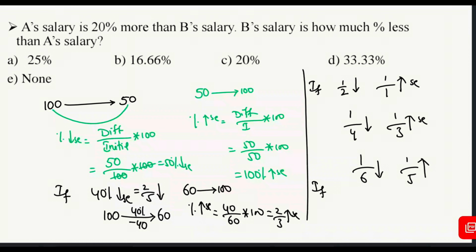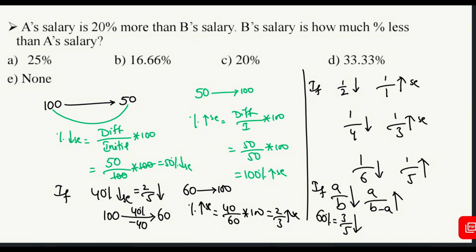If A by B is decreased, 2 by 5 is decreased, 2 by 3 has to be increased. It's nothing but A by B minus A is increased. If 60 percent is decreased, 60 percent equals 3 by 5. 3 by 5 is decreased.